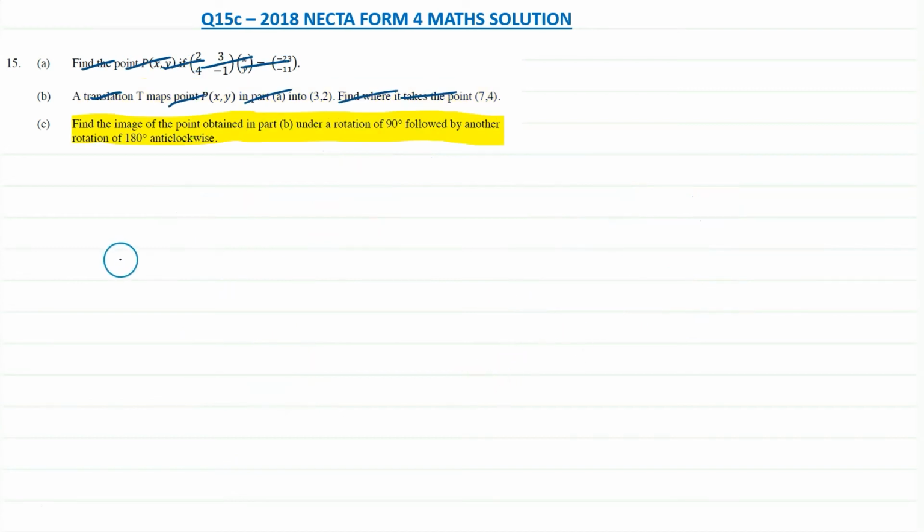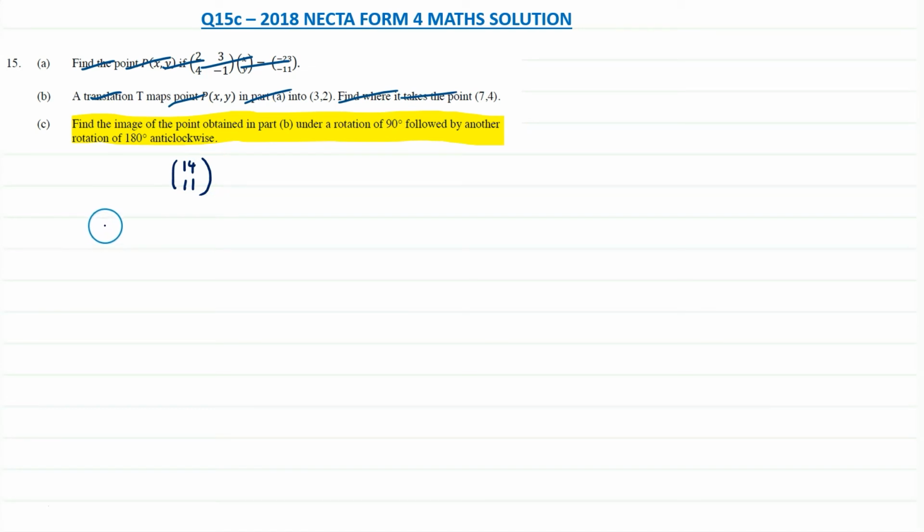Okay, right, now for C, we're told to find the image of the point obtained in part B under a rotation of 90 degrees followed by another rotation of 180 degrees anti-clockwise. Anti-clockwise means a positive sense when we do these questions. Okay, so the image of part B was (14, 11).